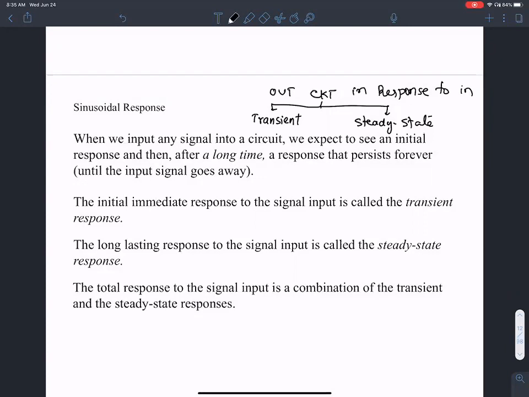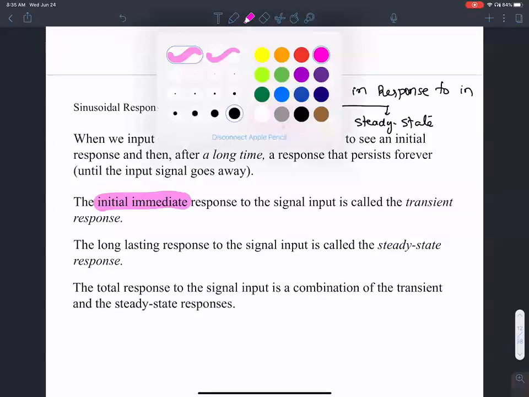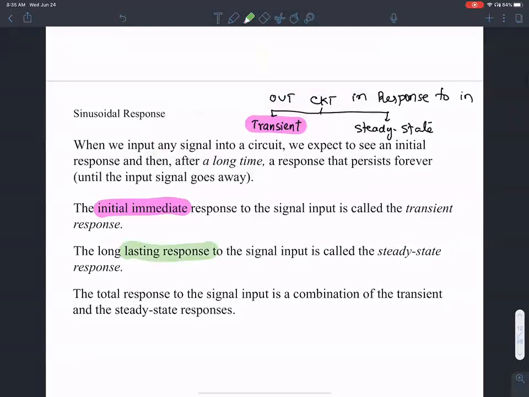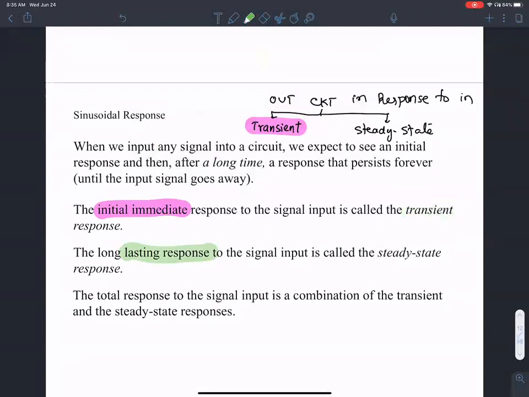So there are two ways in which a circuit responds to sinusoid signals or any kind of time varying signals. The initial knee-jerk quick reaction, the immediate response, is called the transient response, and if you continue to apply the input, then the output settles into some kind of steady state output.